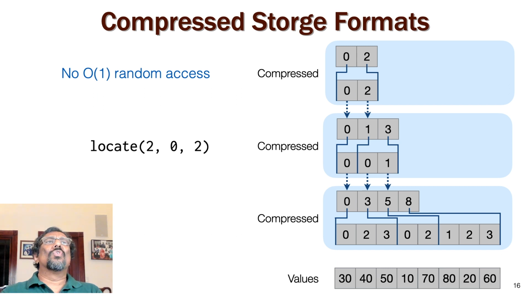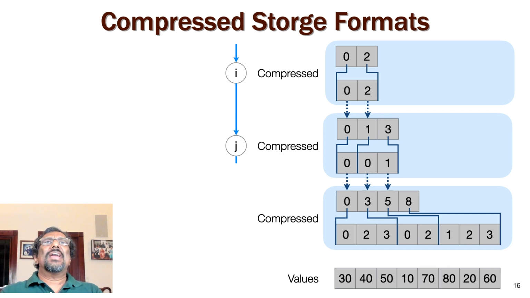I can't just go to, let's say, locate 202 at any location I want. In order to get to 202, first I have to go to the first dimension and locate 2, and from that locate 0, from that locate 2 again, and only then can I find the value in here. So I can only go in the i, j, k direction. In any other direction you have to iterate a lot more, and that is going to be a lot more expensive.